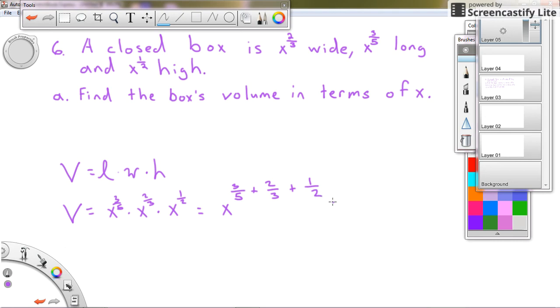Okay, I need to have a common denominator to add these fractions. 30 is my least common multiple, so 18 over 30 plus 20 over 30 plus 15 over 30, and this is going to be x to the 53 over 30th power.